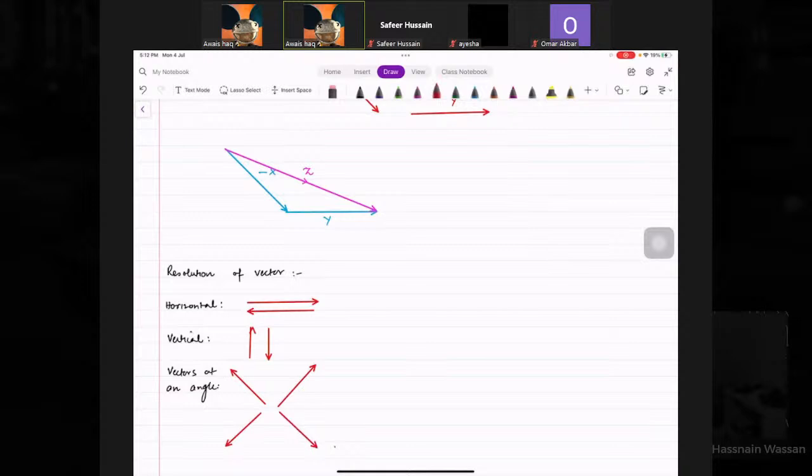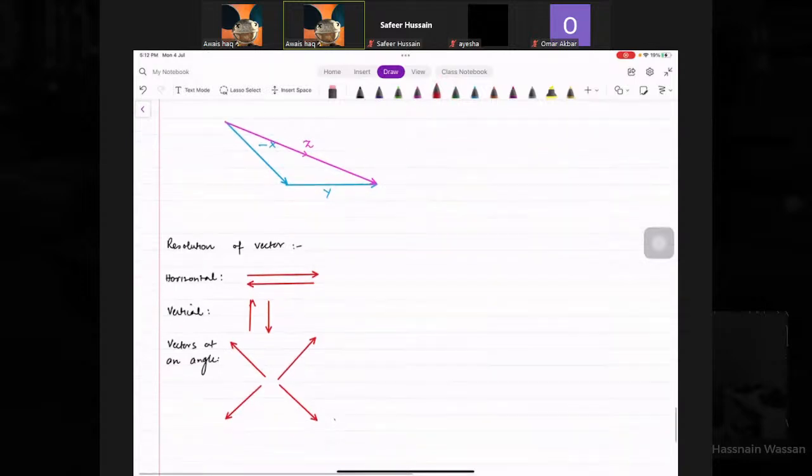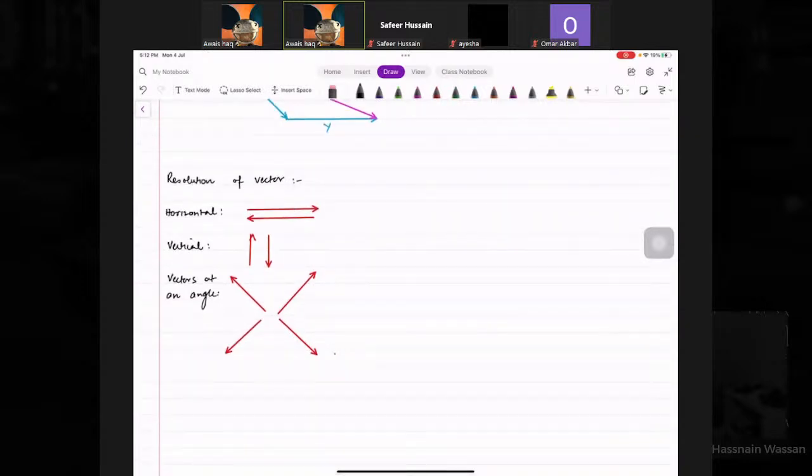Now, horizontal and vertical vectors are easy because we already have a name for them. But the vectors at an angle, we need to resolve them. So first of all, we should learn some of the math rules here.